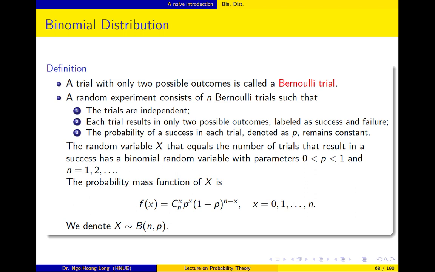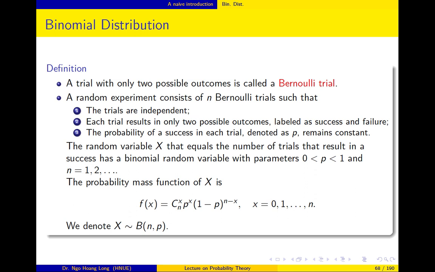And the third is that the probability of success in a trial, denoted by p, is constant. It doesn't depend on the trial you take. And let's denote by X the number of trials that are successes.